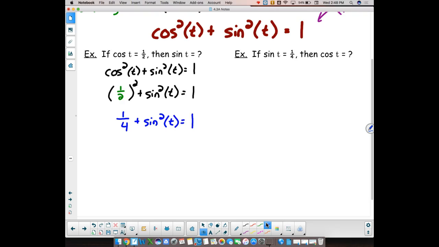How do I want to go about solving that? Even easier: subtract 1/4 from both sides. So then that gives me sine squared of t equals 3/4. I want to solve for sine. I want sine, I don't want sine squared. Square root both sides.